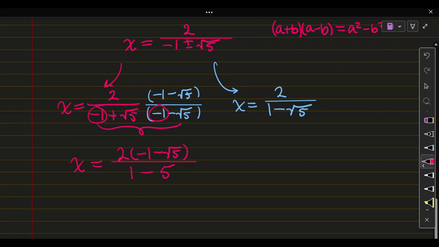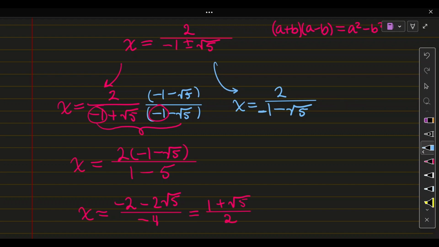Now this becomes x equals negative 2 minus 2 roots of 5 over 1 minus 5 is negative 4, which is the same as 1 plus the square root of 5 over 2.